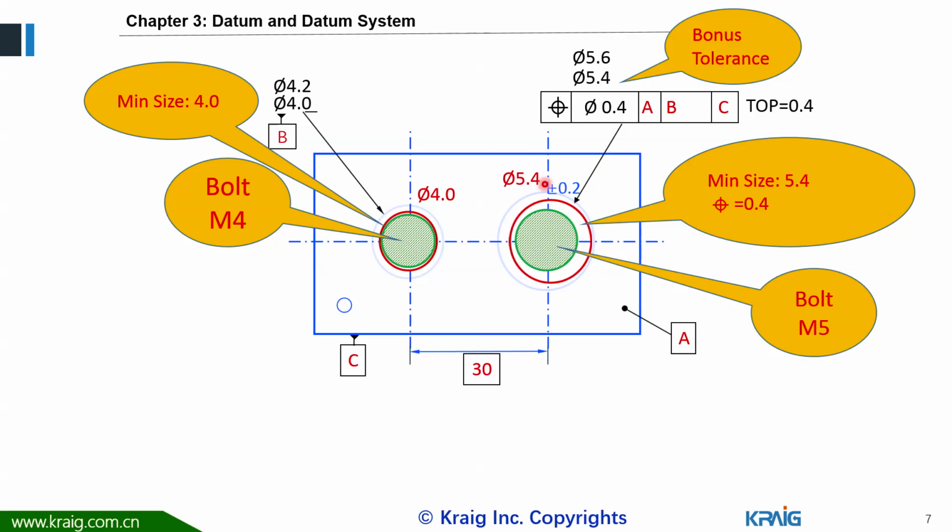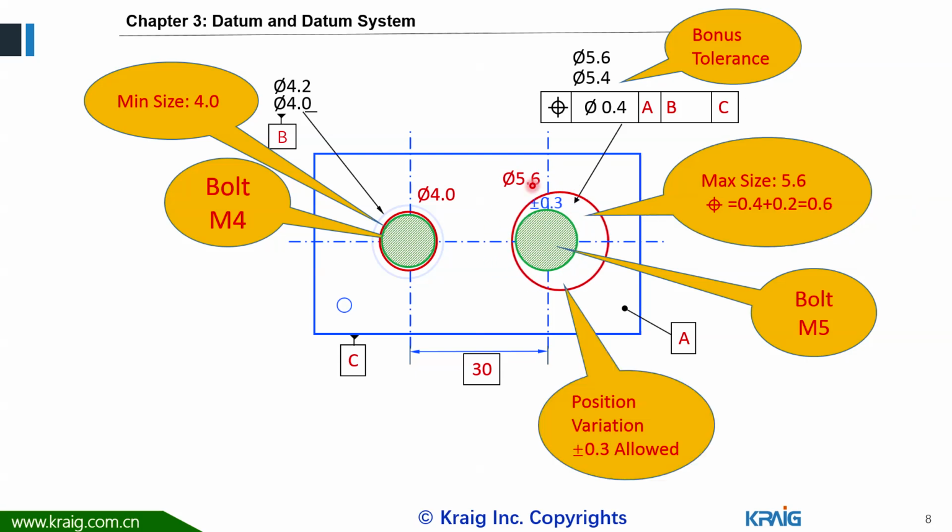Next, what about the tolerance feature? We make it bigger. From 5.4 we increase to 5.6. If the hole is bigger, then this hole is allowed to deviate a little bit further.